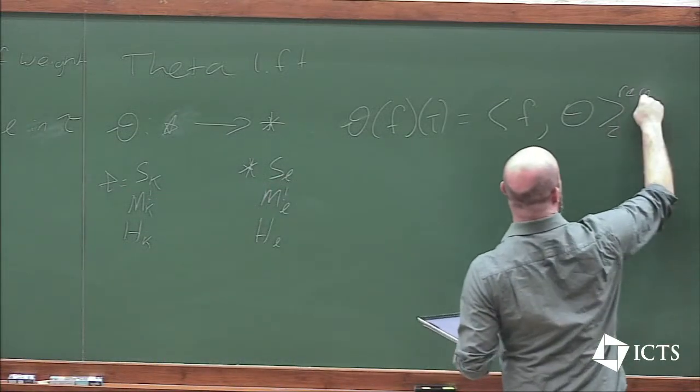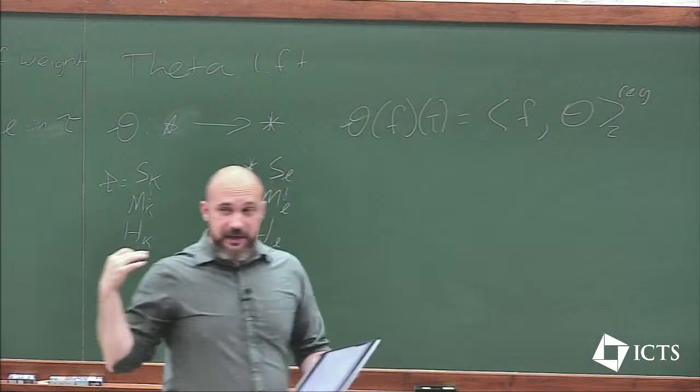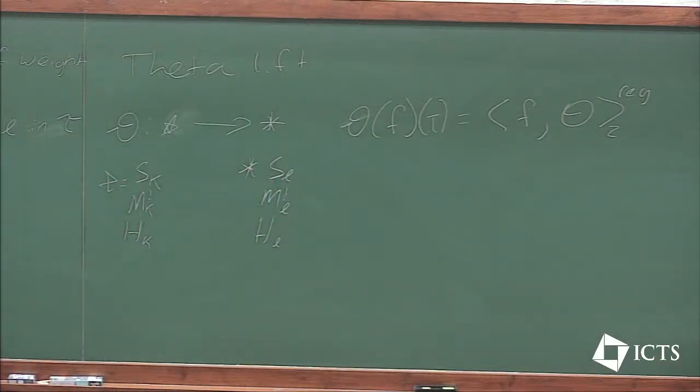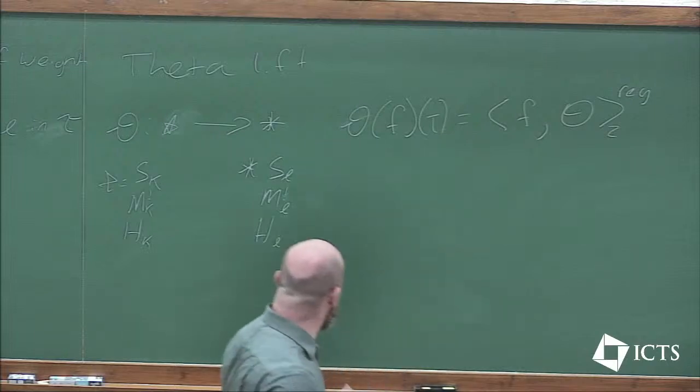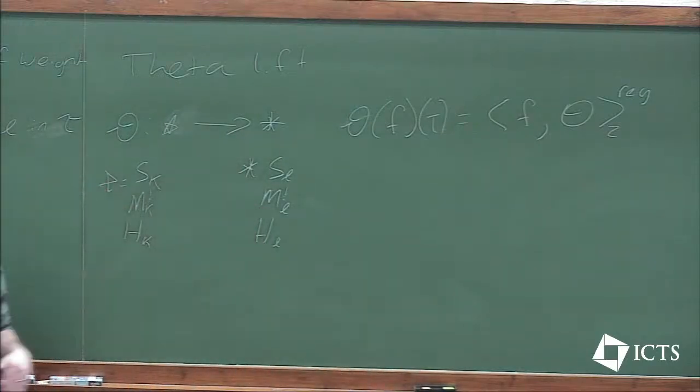Now, I'm going to write the regularized inner product. Sometimes the ordinary inner product works perfectly fine. Sometimes to get the space that we want for particular inputs, we want to regularize this inner product. And sometimes, if we really want to be adventurous, sometimes we need to regularize this inner product, again, a little bit more strongly than I did. There are stronger versions of this that one might use.